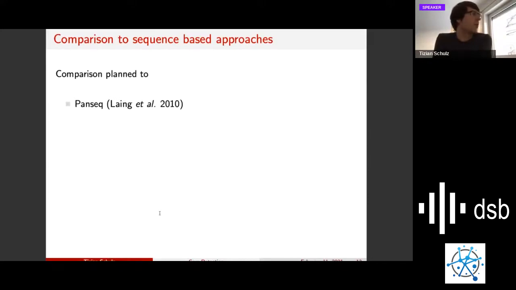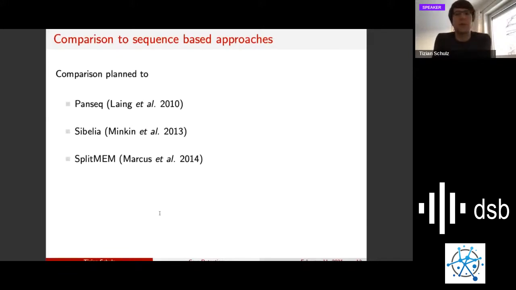I would like to perform this comparison against Pansec, a tool that calculates the sequence-based core based on alignments. Then there is Sibylla by Ilya Minke and colleagues, which also uses the de Bruijn graph for the core detection. We have SplitMem, which even uses a compacted colored, or rather a compacted, de Bruijn graph.